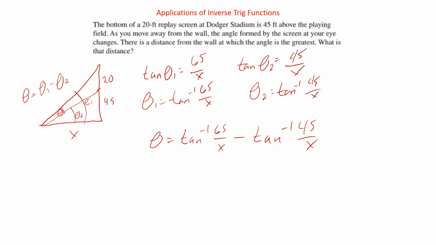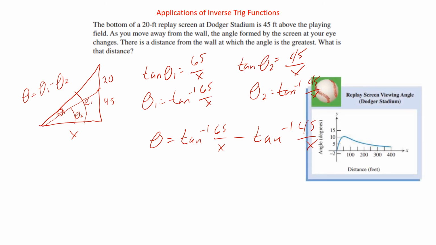What other tools do we have? We could graph this. So we graph it, and it starts out the angle's really small because as you're looking up at it, the angle that you can even see it drops. And then it gets big, and then it goes down.